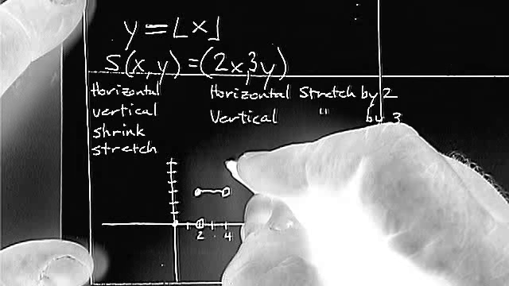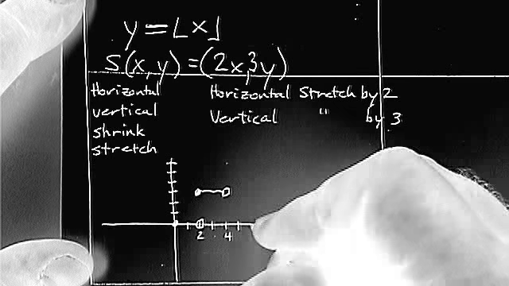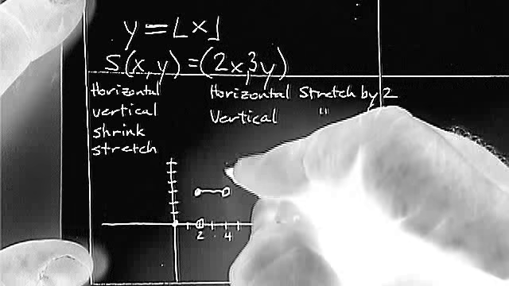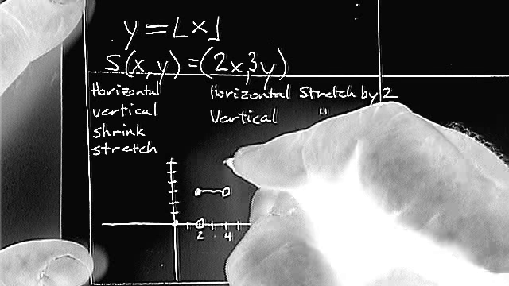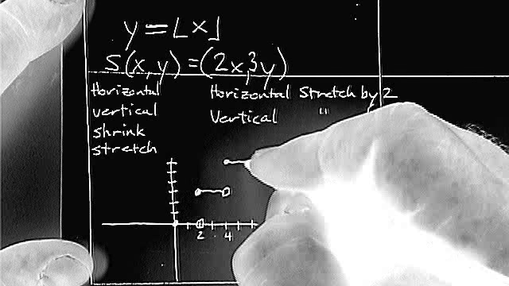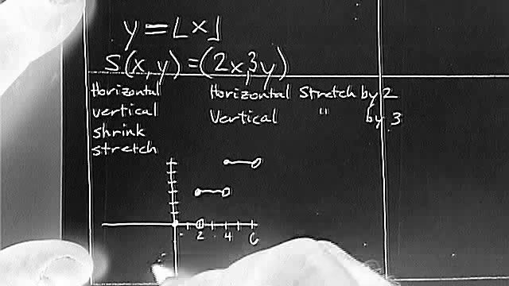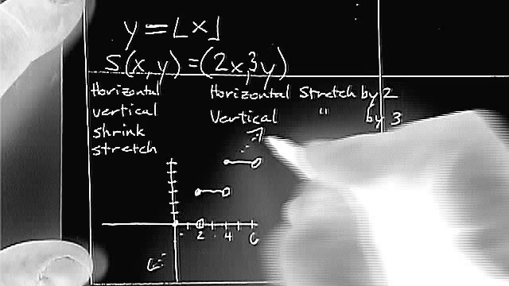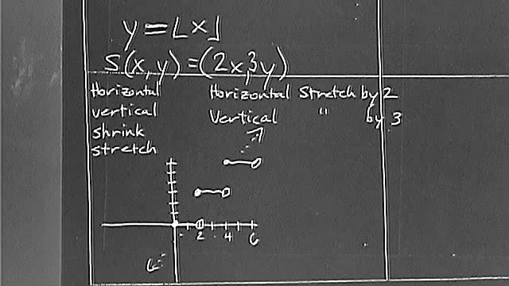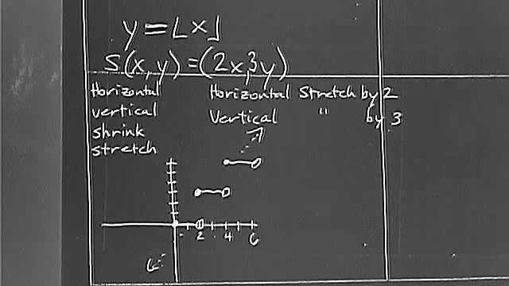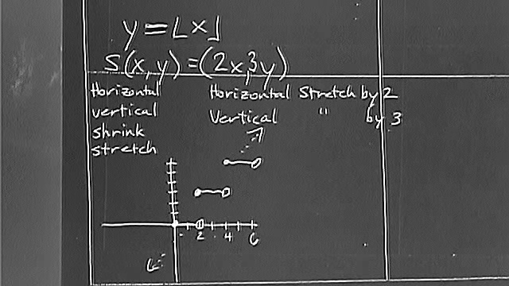So we could continue to do that, right? Jump up 3 steps. Close circle. Open circle. And of course that's going to continue down there forever and ever and forever up there. But that's what happened when we did a horizontal stretch by 2 and a vertical stretch by 3.